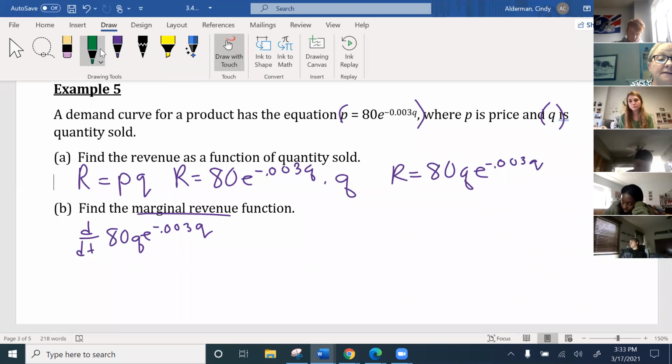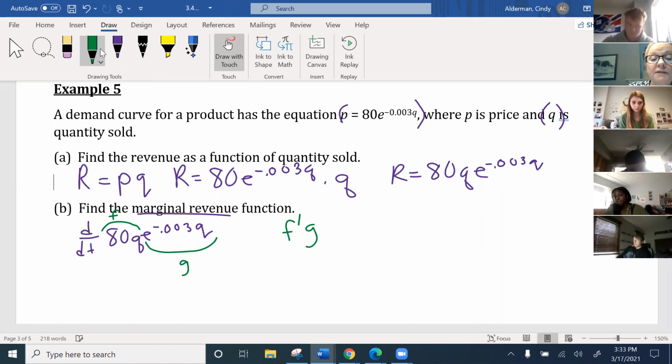So we can say 80q is your f, or you can just take 80 out, doesn't matter. And e here is your g. So f prime g plus f g prime.